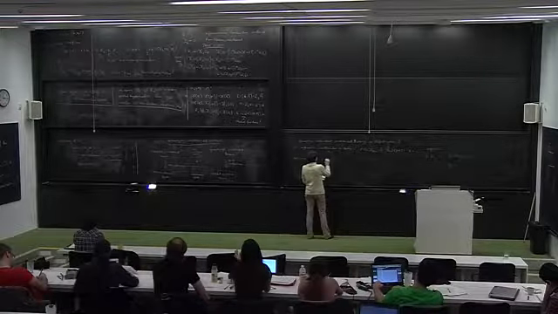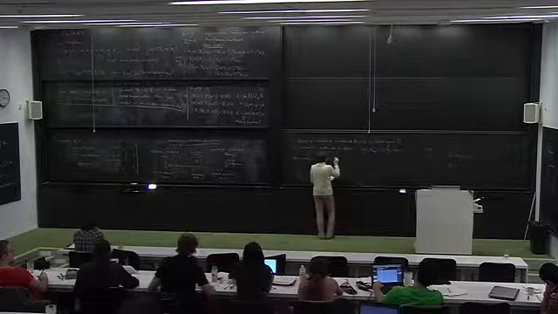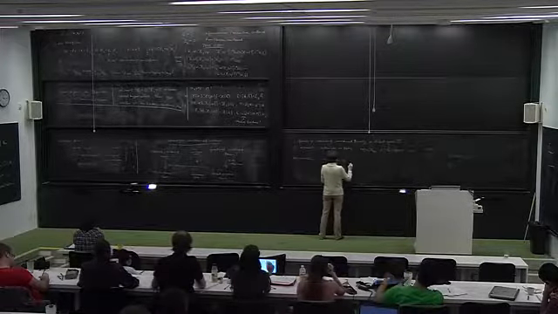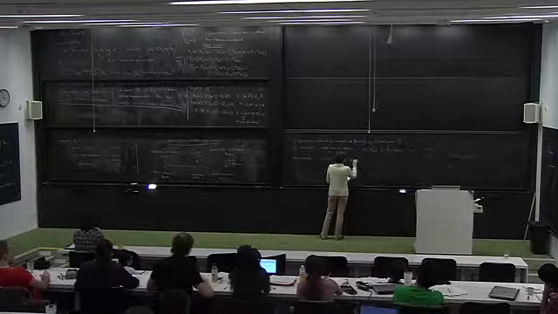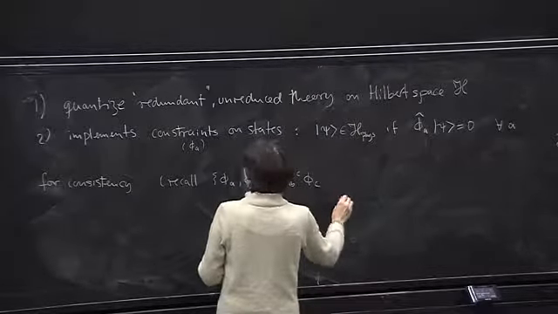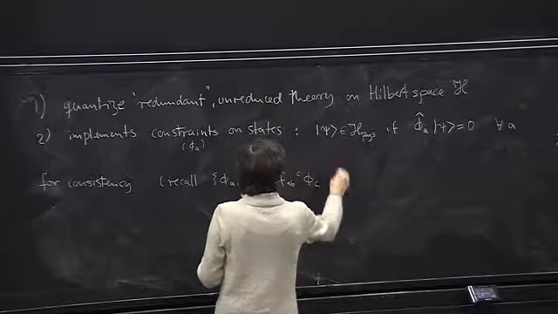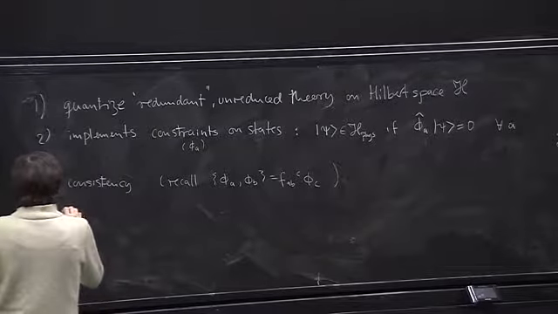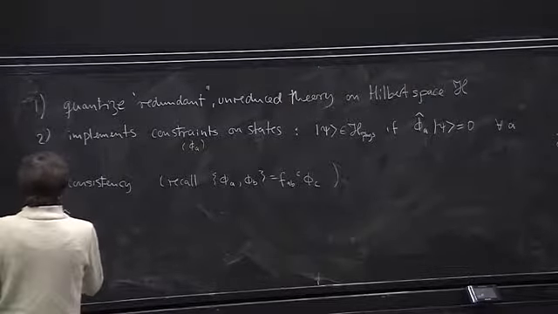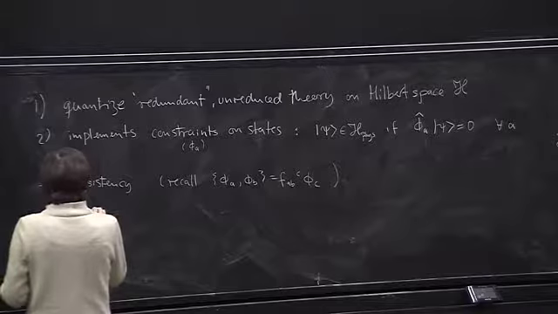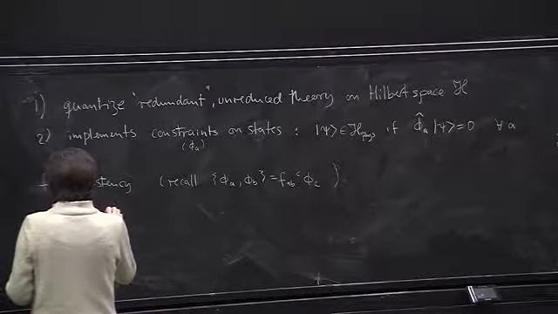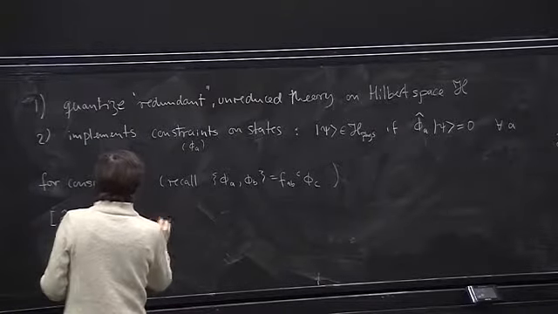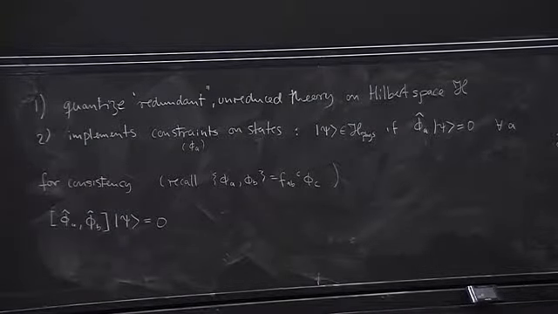Recalling that what we had classically was phi A, Poisson bracket with phi B, equal to F_ABC phi C, we must have that at the operator level, phi hat A and phi hat B imposed on wave functions also vanish.